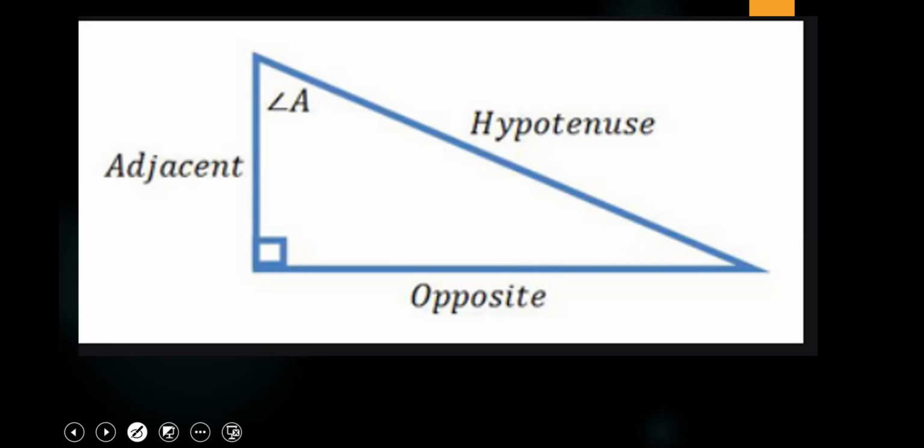But to name the adjacent and the opposite, they have to be related to the angle. This is an angle A. The side that is opposite to the angle A, we call it opposite. And the side that is beside the angle A, we call it adjacent.